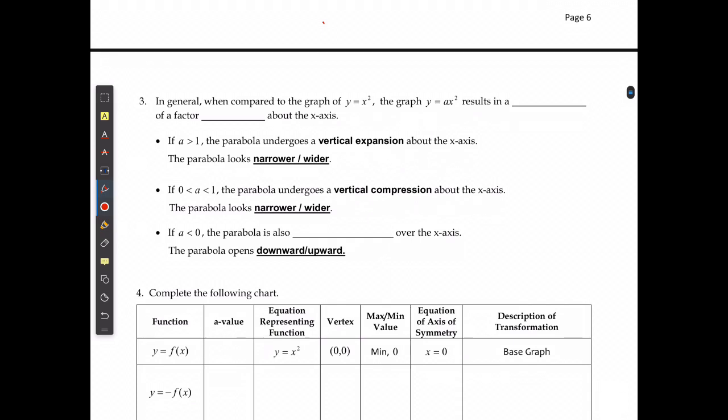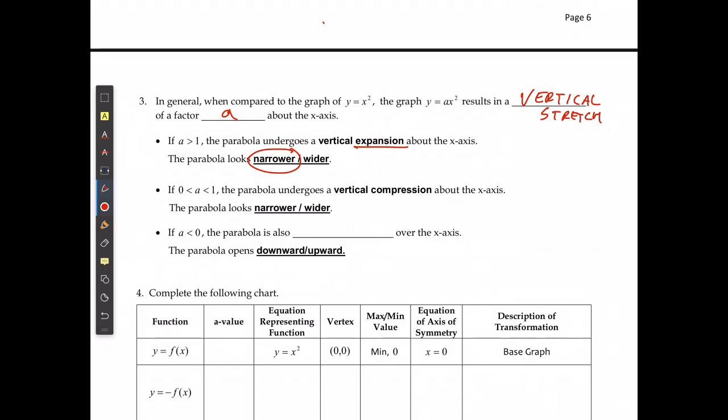In general, when compared to the graph of y = x squared, the graph of y = ax squared results in a vertical stretch by a factor of whatever the a value is. If a is bigger than 1, it undergoes a vertical expansion, which is going to make it look narrower or a little bit skinnier.